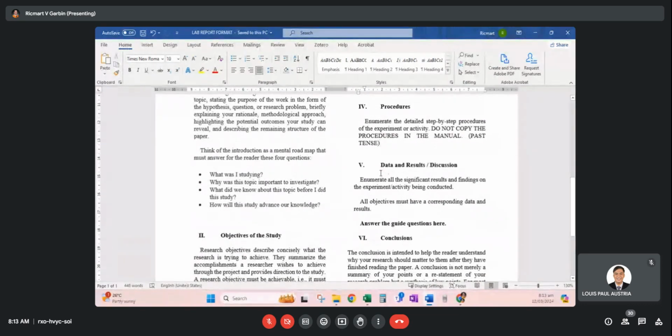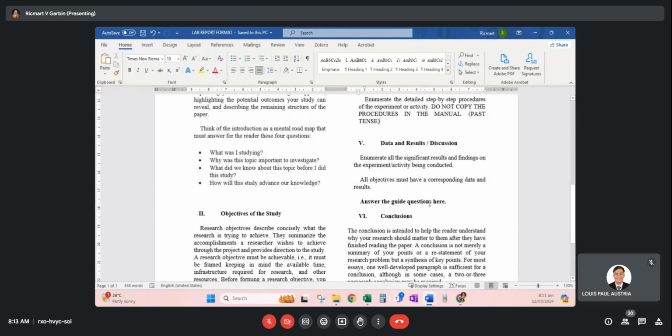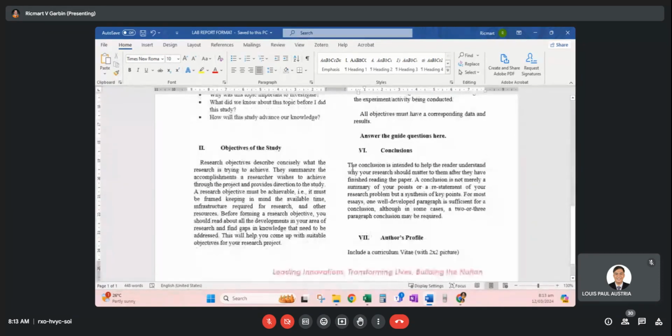And then the data and result and discussion. So enumerate all the significant results and findings on the experiment or activities to be conducted. Then answer the guide questions here. So there are some guide questions, pre-test and post-test, that you may encounter on our activities for today.